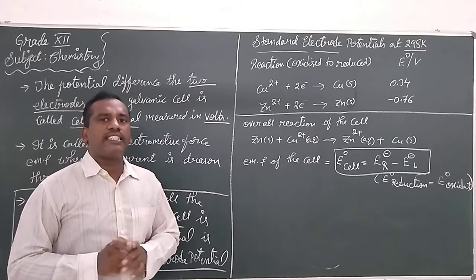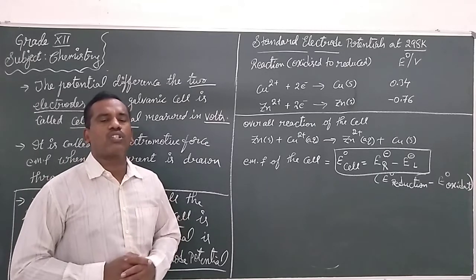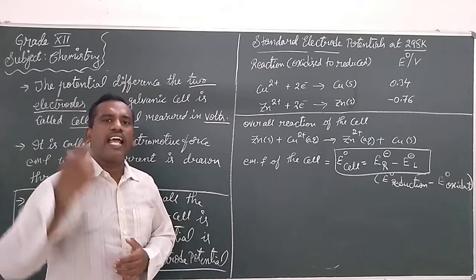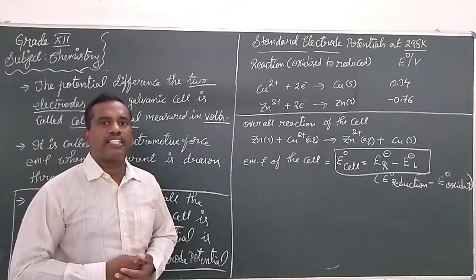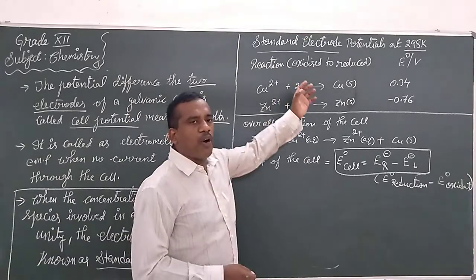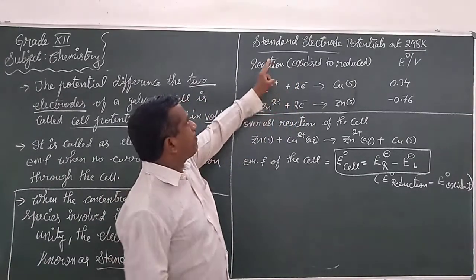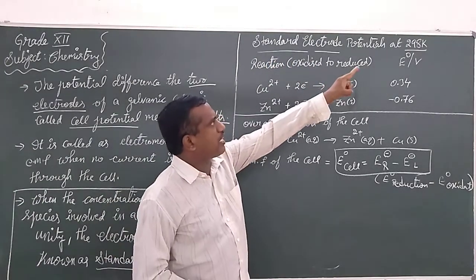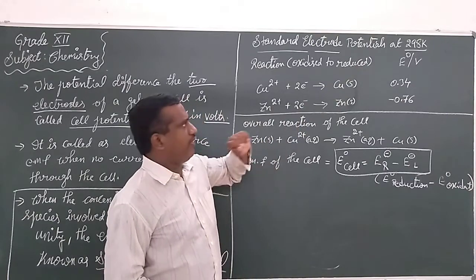So by seeing these electrode potential values, we can say which is a highly reactive metal and which is the least reactive metal. We have brought a small concept regarding standard electrode potentials at 298 Kelvin.